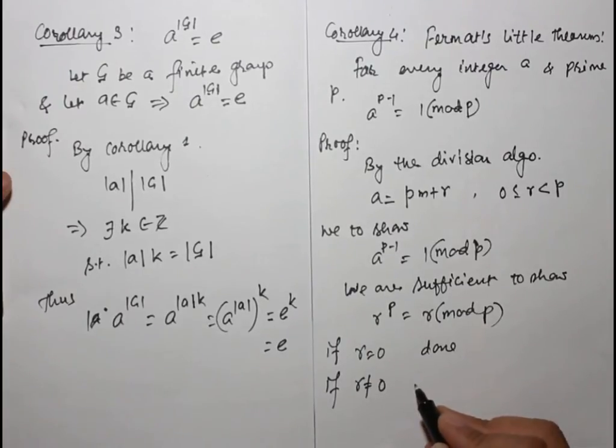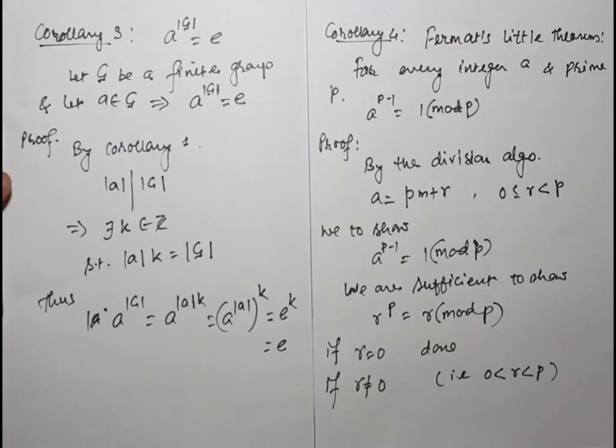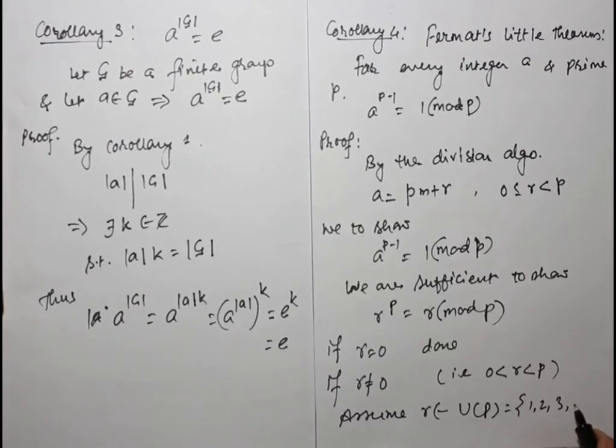that is, इसका मतलब क्या है, r not 0. For this r, we assume r belongs to U(P). This is the set 1, 2, 3, ..., P minus 1.